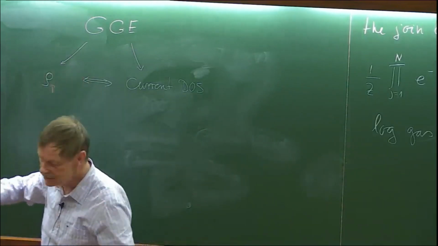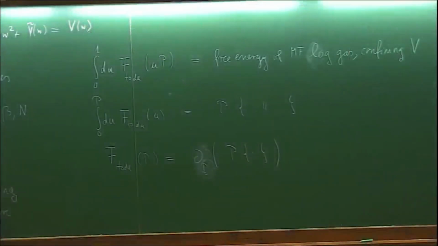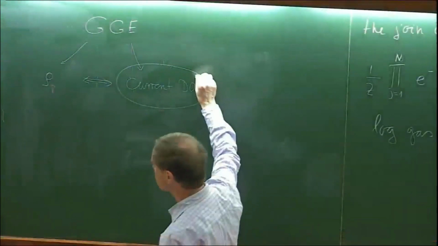I have here in my notes still the example of what the rho of p looks like for the quadratic case. There are papers on this. For the quadratic case there's actually an exact solution, so you can write down a formula for the rho p, which is not too complicated. You can discuss how it behaves for small p and for large p. But since time is running, maybe I just omit this, and I want to concentrate on this issue over here.